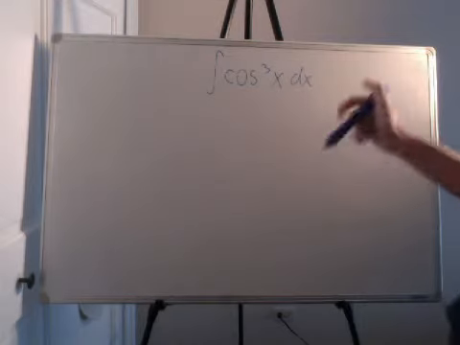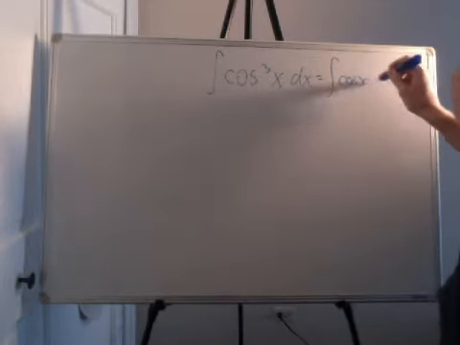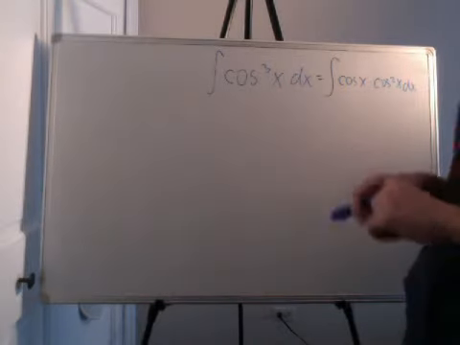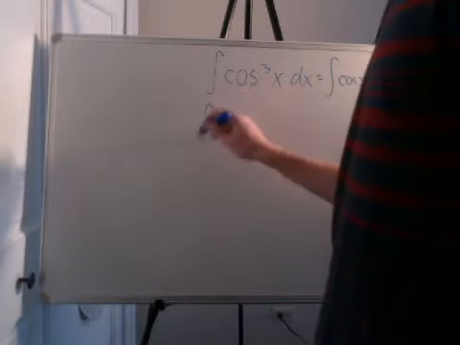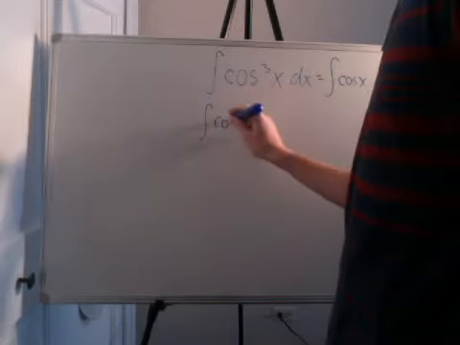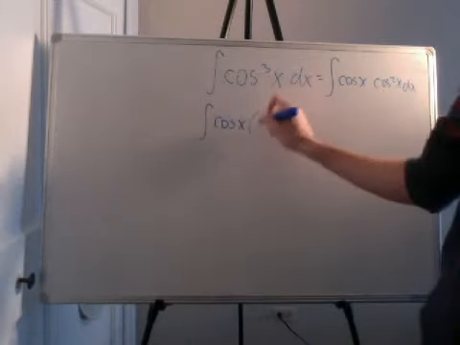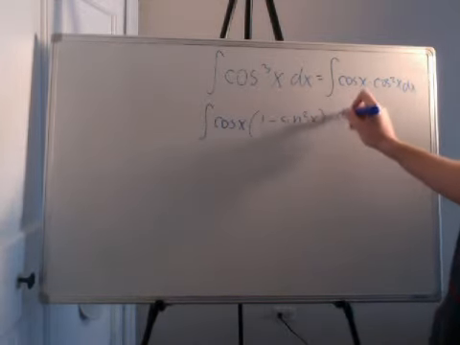So I think we can all say that this is the same thing as saying cosine of x times cosine squared x dx. Then we can substitute out cosine squared x: cosine x times, well, we know there's a Pythagorean identity here, that cosine squared x is the same thing as 1 minus sine squared x, dx.